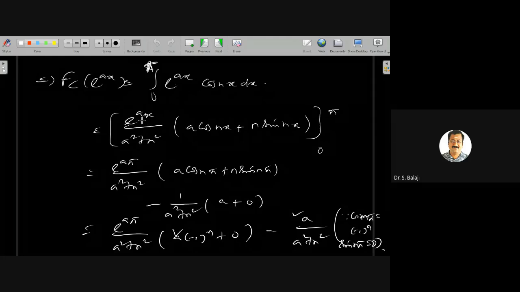Now integrate this one: e power ax by a square plus n square times a cos nx plus n sin nx, from the a cos bx plus b sin bx form here, from 0 to pi.